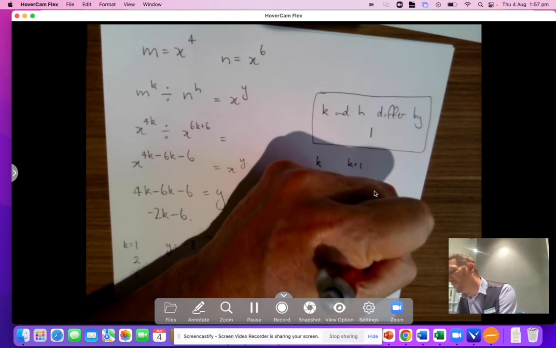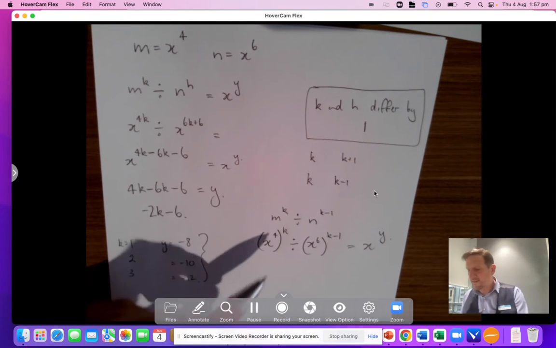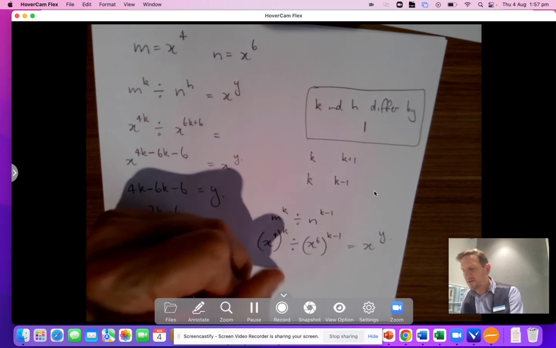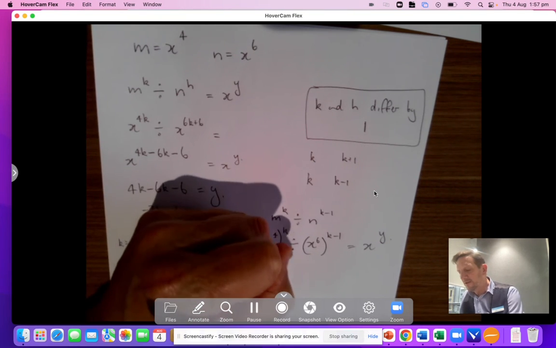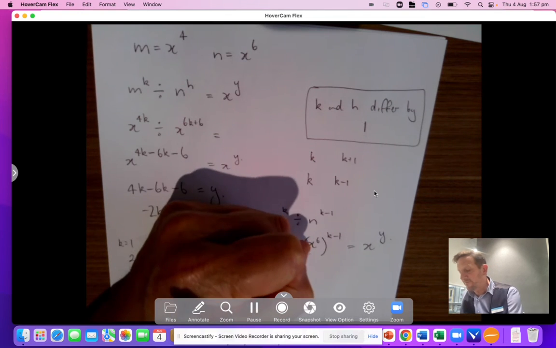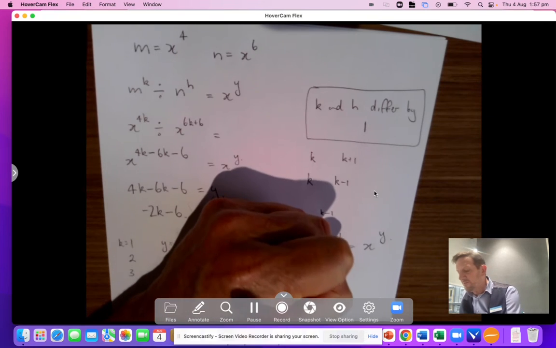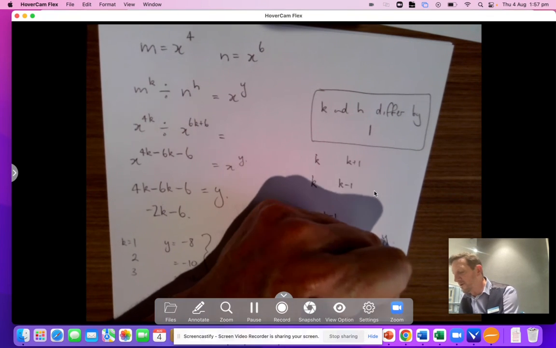And we know this equals x to the power of y. Let's look at the indices. 4 times k minus 6 times k is 6k. 6 times 1 is plus 6 equals y.